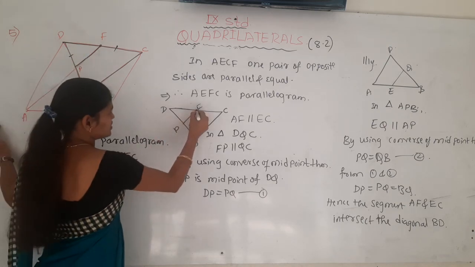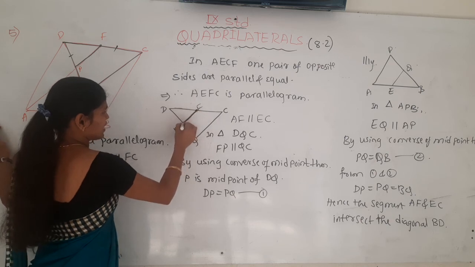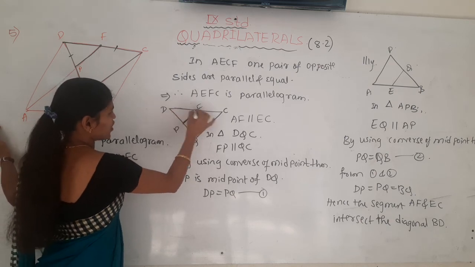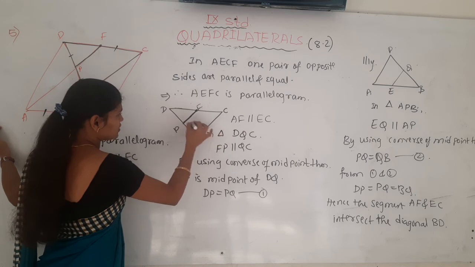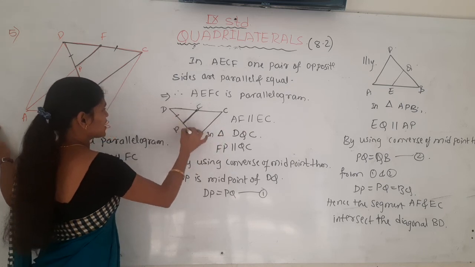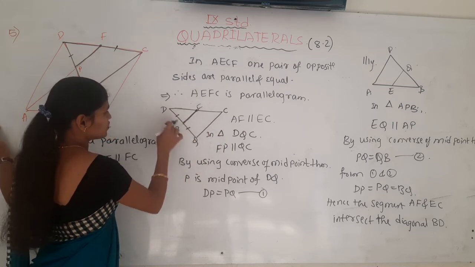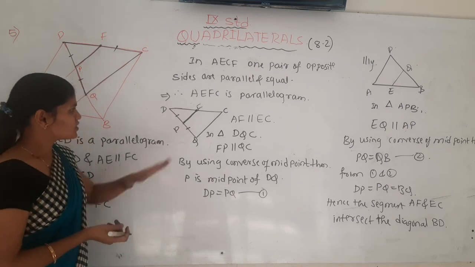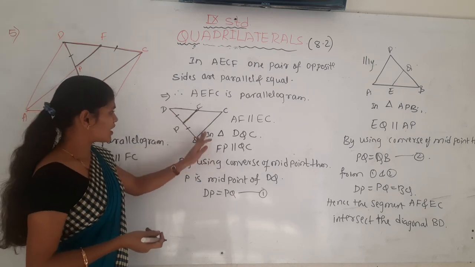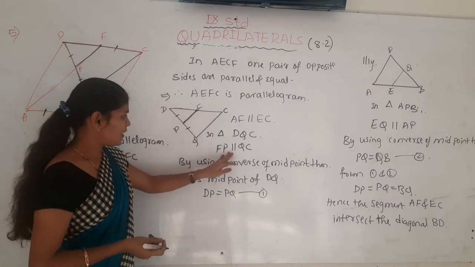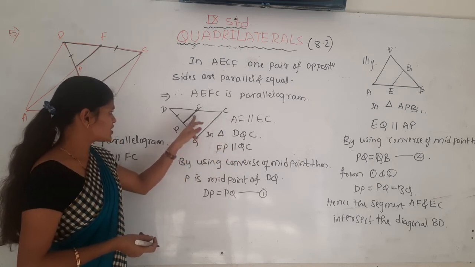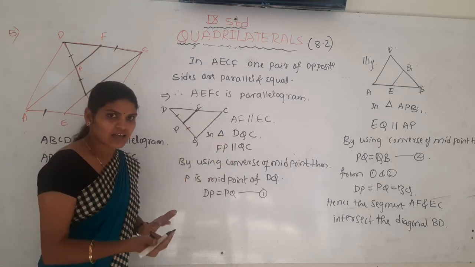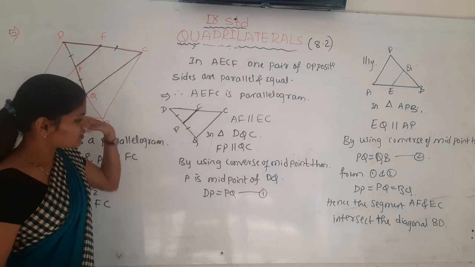This is the line. FP is a line which is drawn from the midpoint of DC. It is parallel to QC as well as it bisects DQ into two equal parts. So FP is parallel to what? QC. It is parallel to the second side and it bisects the third side.